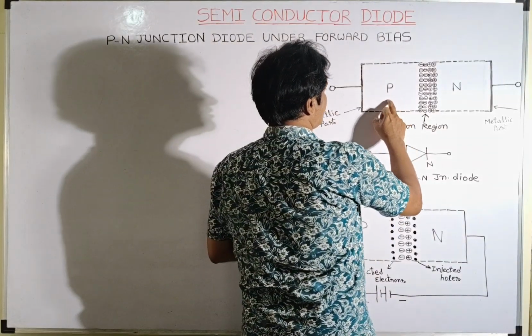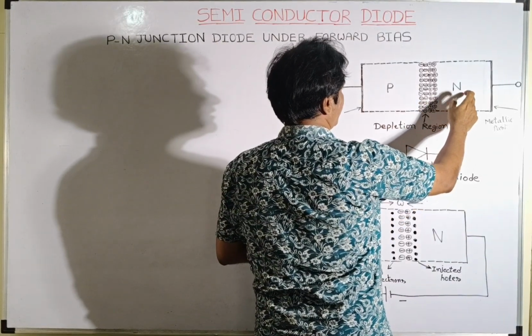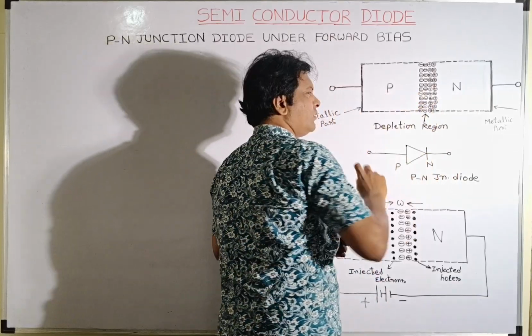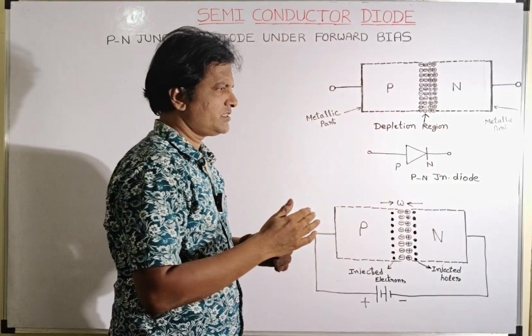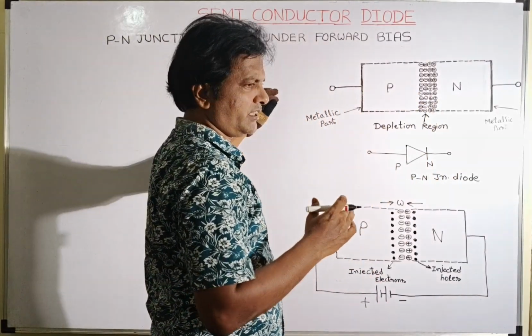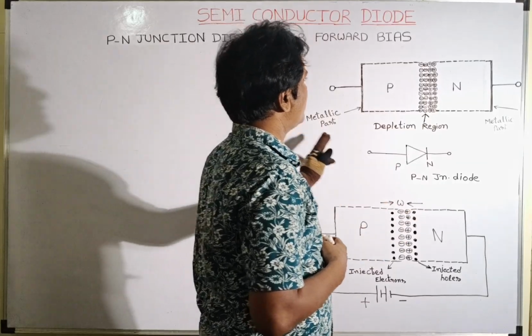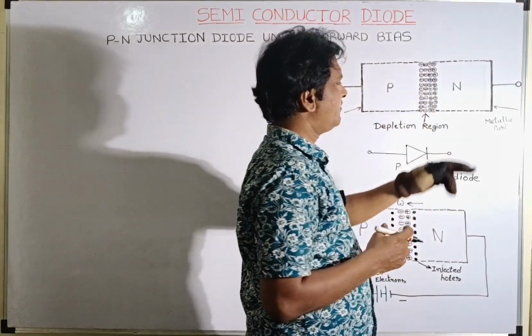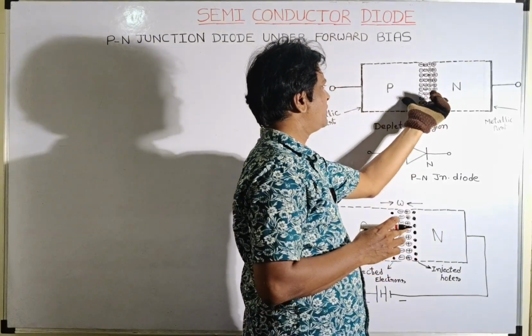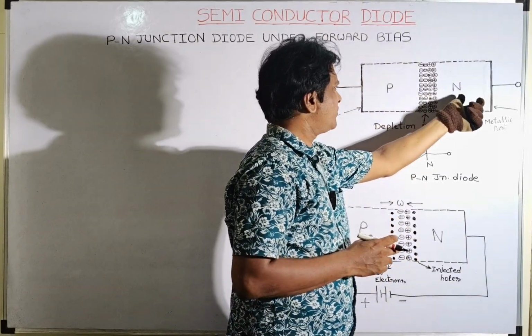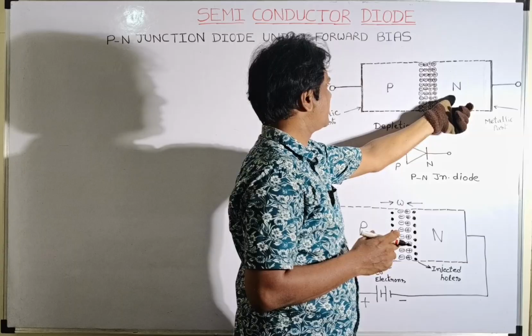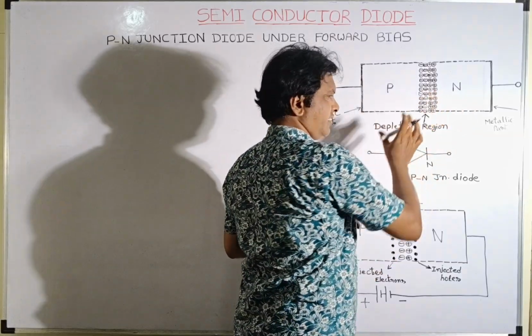So, here electrons are minority, here majority. Here holes are minority, here the holes are majority. These are charge carriers. They shift their places, and they carry the charge. So, in the equilibrium position, the electrons will actually cross this junction.